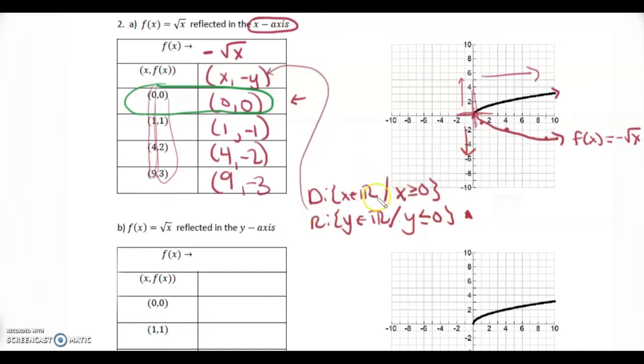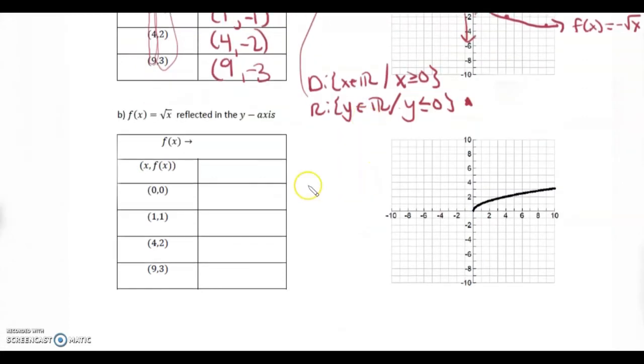Okay, now if we are reflected in the y-axis, and to reread that, okay, we are going to get root of bracketed negative x. So what that's going to do is every single time we see an x, we're going to negate it, and the y's stay the same. So these y's stay the same.